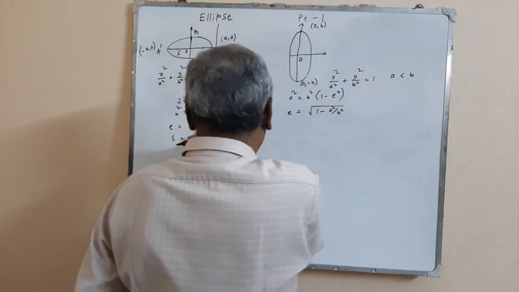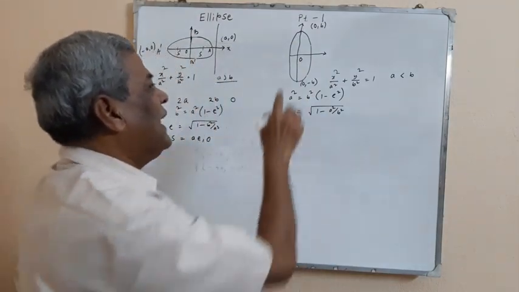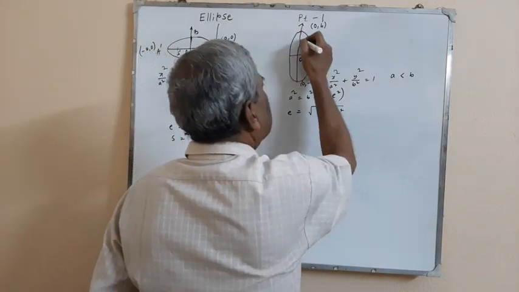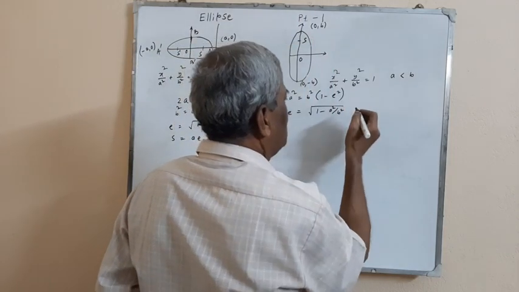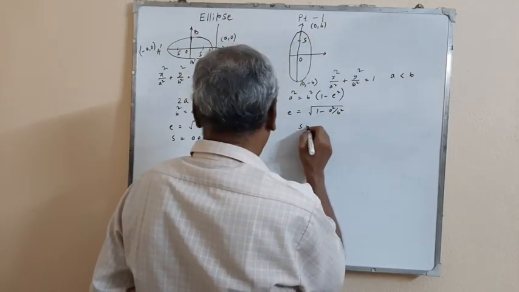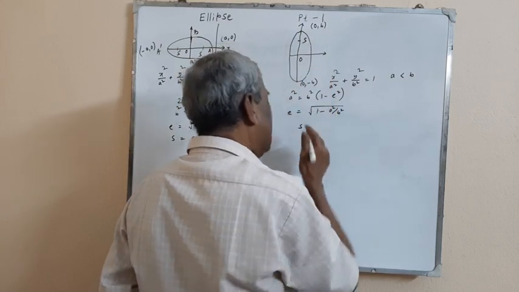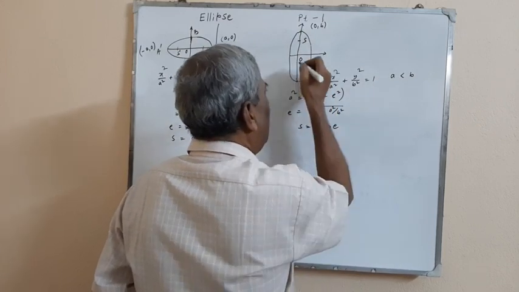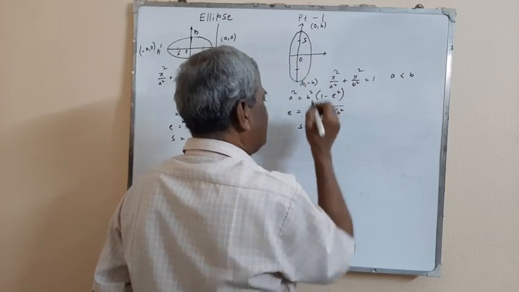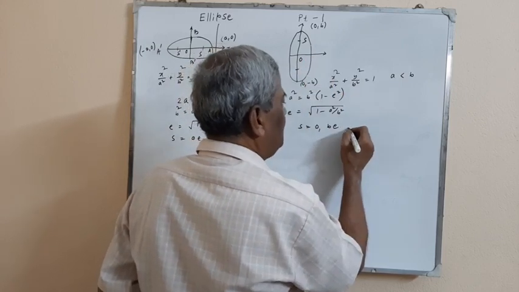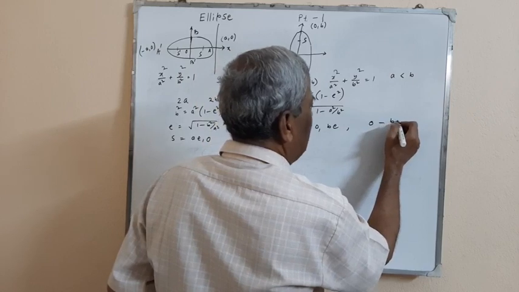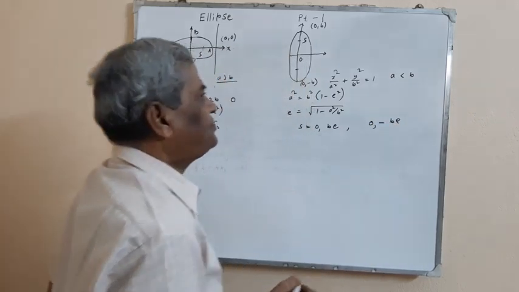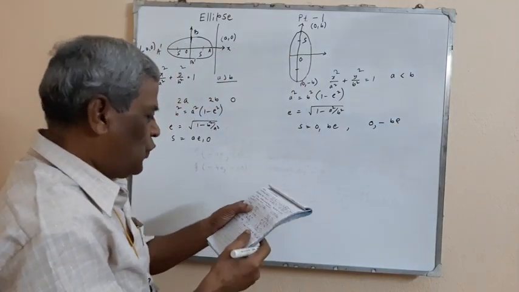For that case, its focus S is on the y-axis, so 0, BE, and the other, S dash, is 0, minus BE. This is the focus.